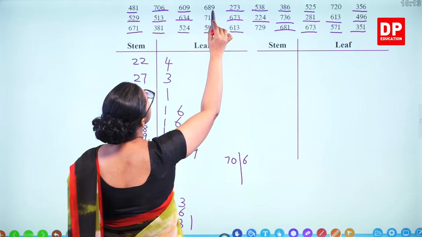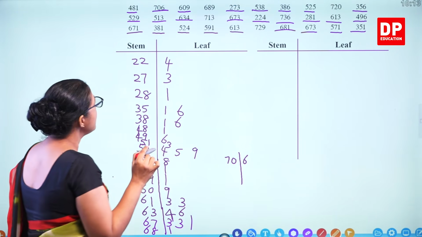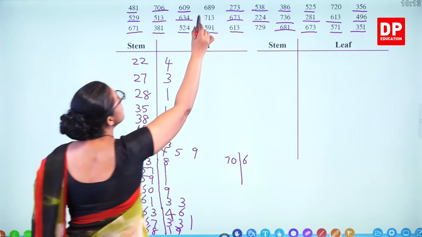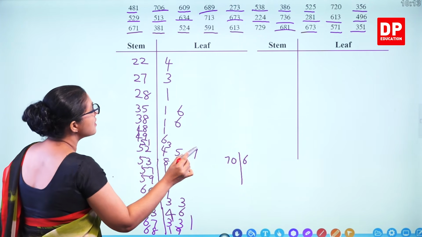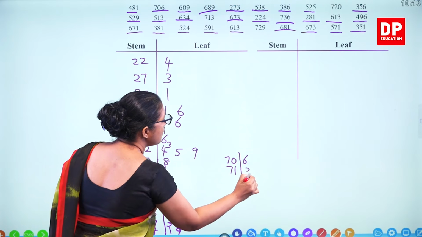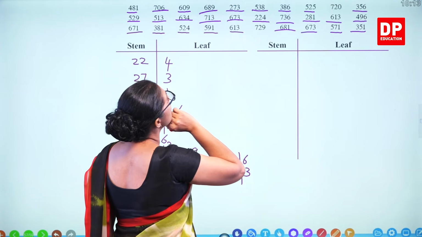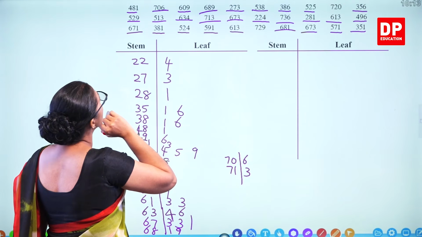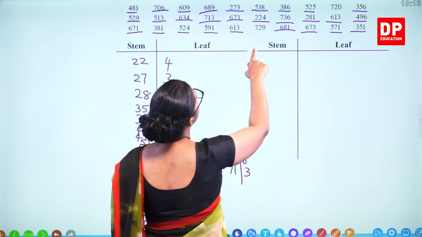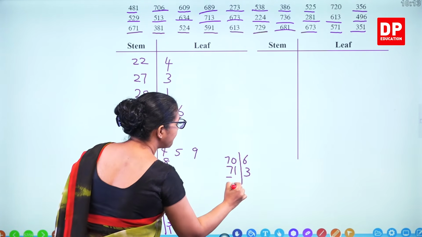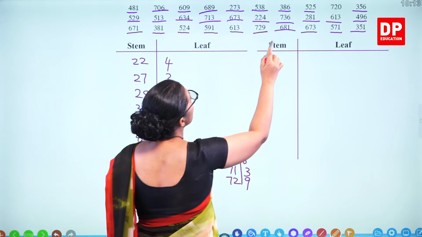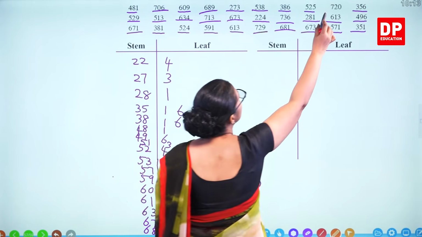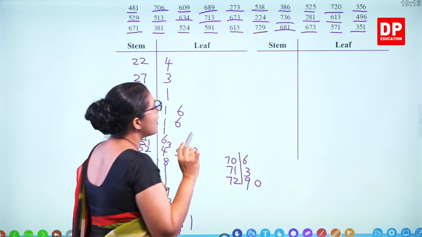And we have here 689 we missed. 689, we can cross it out. 71 with 3, we can cross it out. And what else? 729 and 720. Now we marked all the numbers.